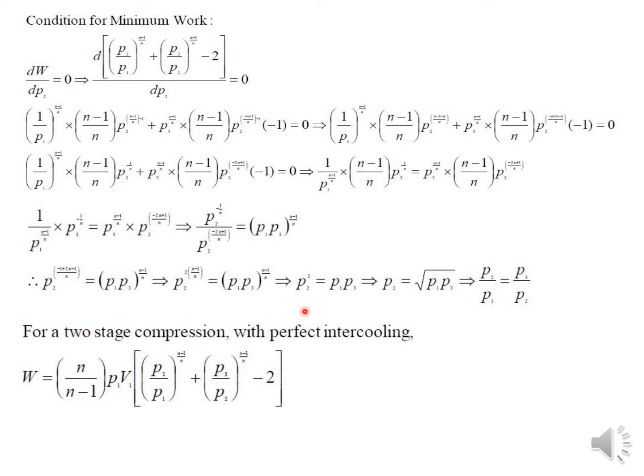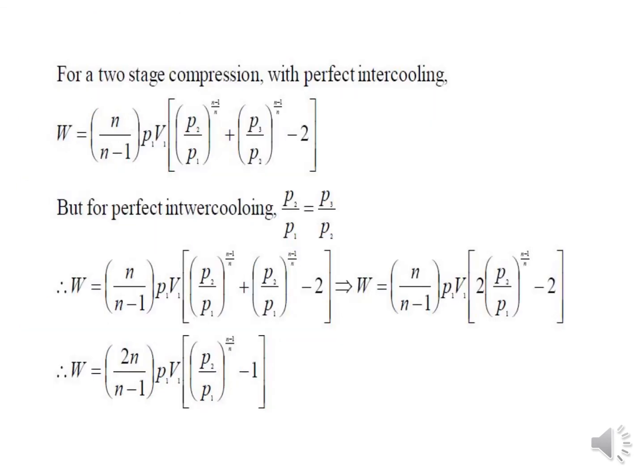Now, for two-stage compression with perfect intercooling, we will see the work done equation. This was the equation we got earlier. Now we have one more set of terms, and we will substitute these terms here and simplify the equation. For two-stage, this is the equation we already have, but perfect intercooling is this one.